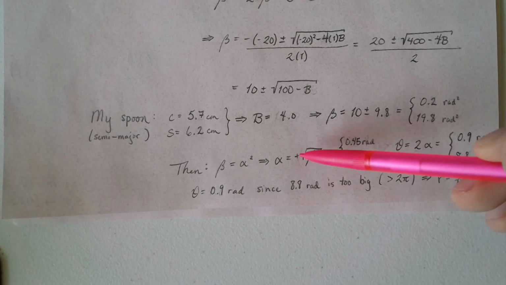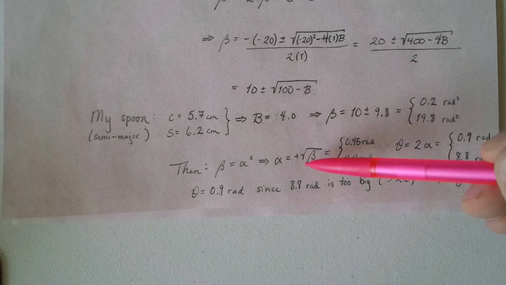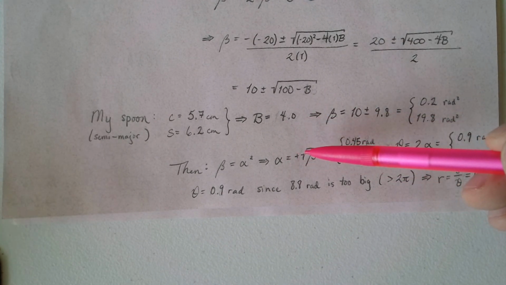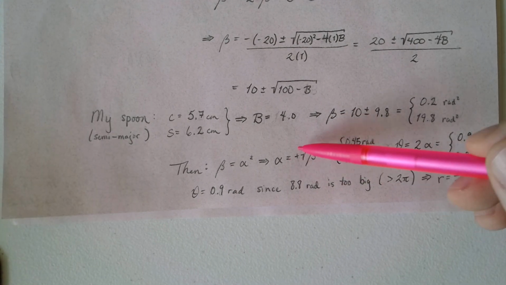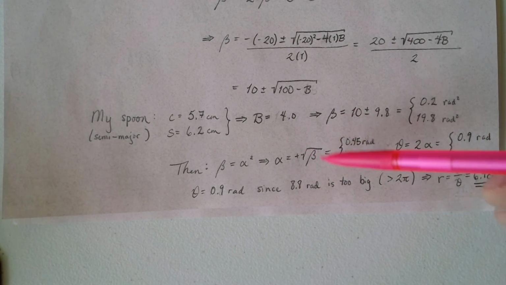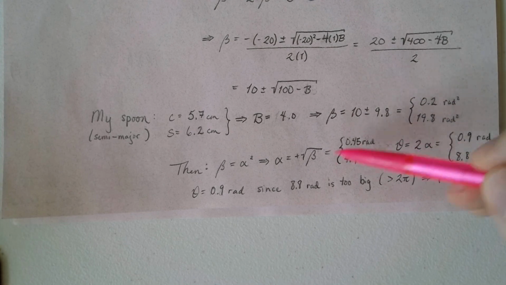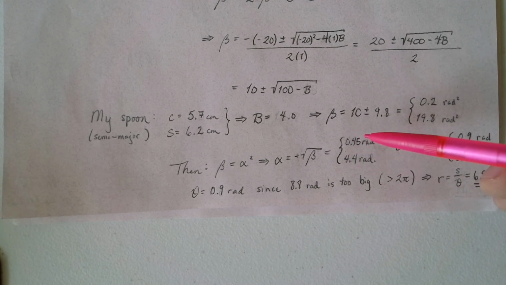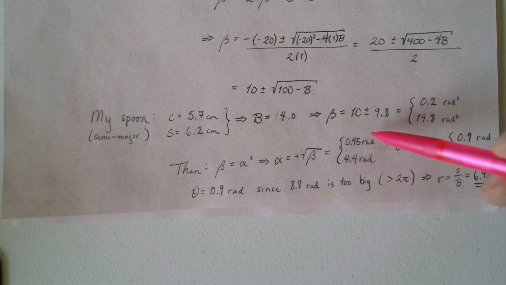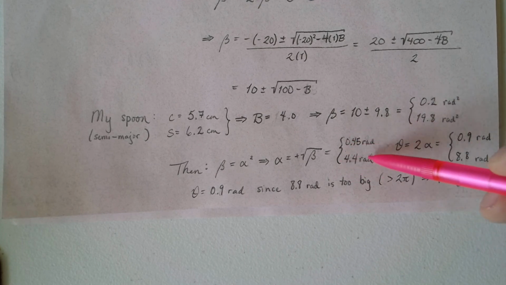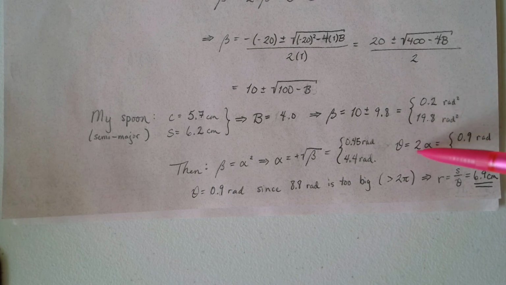We could have a negative angle, but in honesty, we'll just take the positive angle since they are both symmetric anyways. Evaluating these two quantities here, I then get these values for alpha, and then solving for theta, which is just 2 times alpha, I get these two values here.